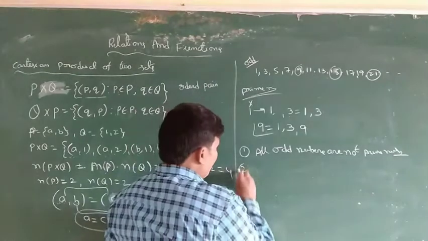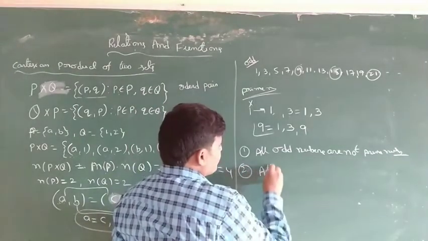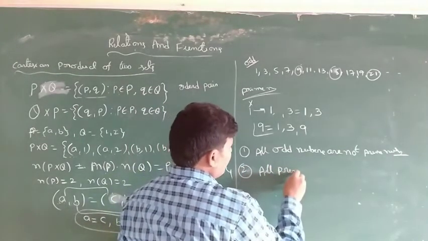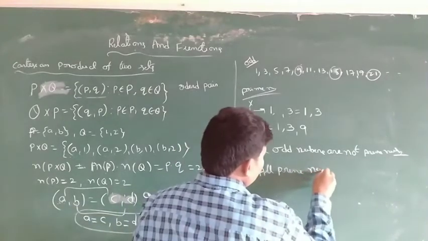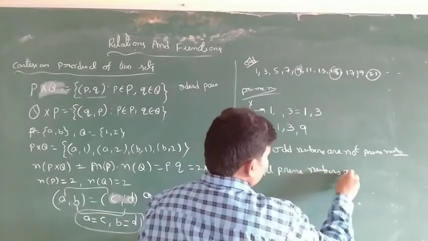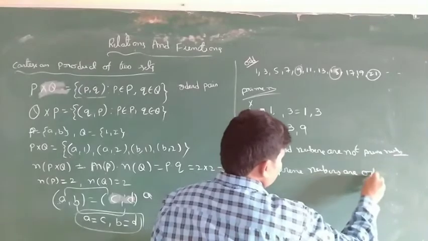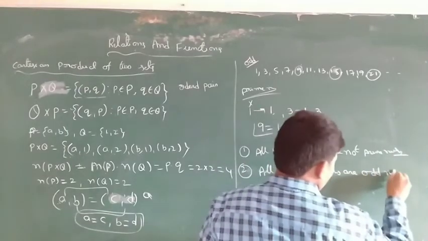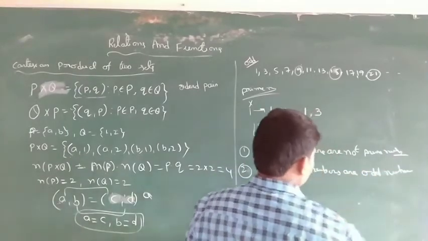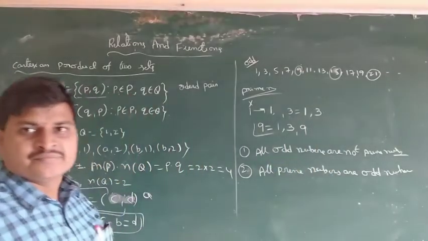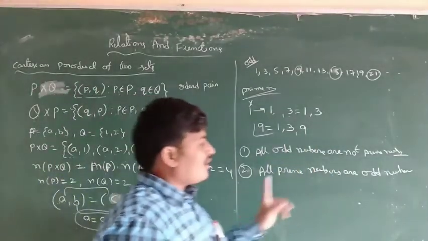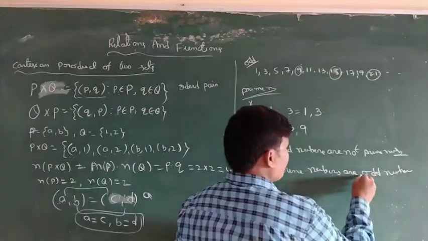Second one, all prime numbers are odd numbers. Correct? This is also wrong. All prime numbers are not odd numbers.